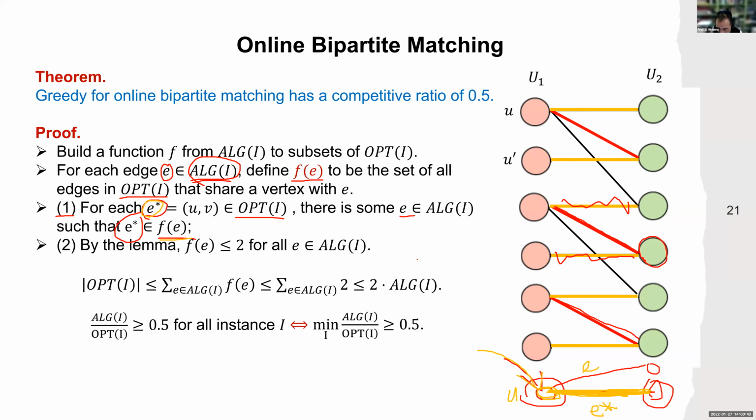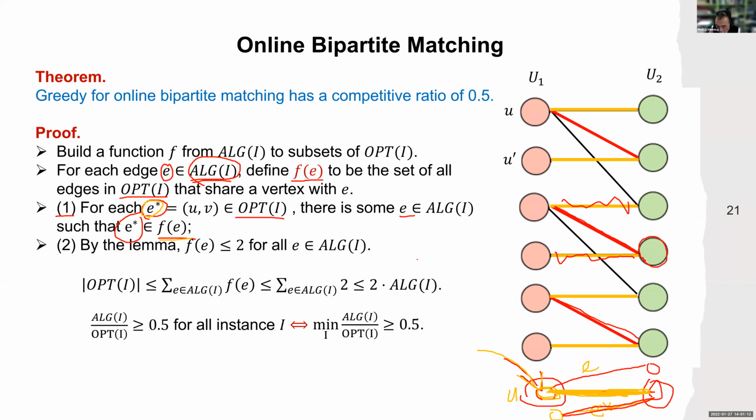Because this one is taken. I should change it to red. Let me change to red. Because this is taken by the algorithm. If this one was not taken by the algorithm, then the greedy algorithm should be able to pick the yellow edge.